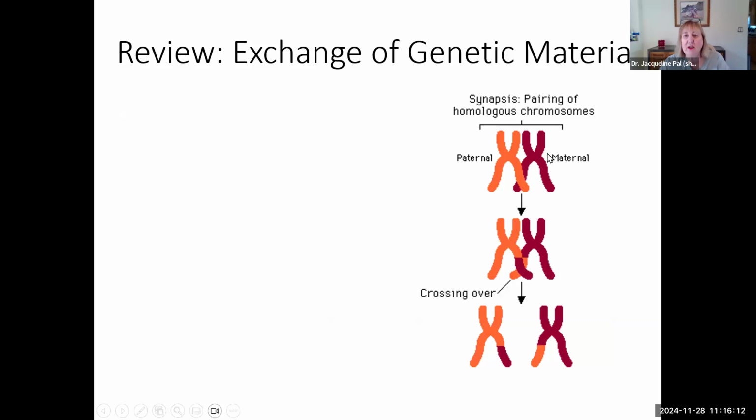The exchange of genetic material happens when the long arms of the homologous chromosomes break off and exchange their genetic material. The net result is that you end up with recombinant chromatids for 2 of the chromatids, and one of the paternal chromatids is exactly the same as before, and one of the maternal chromatids is exactly the same as before.